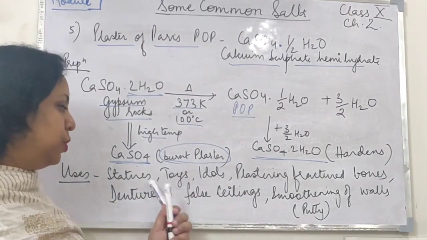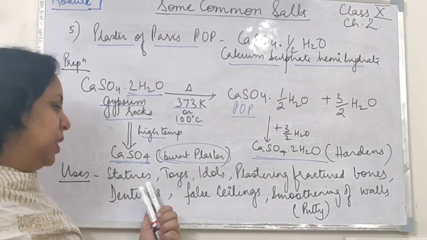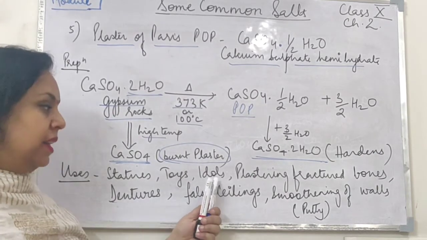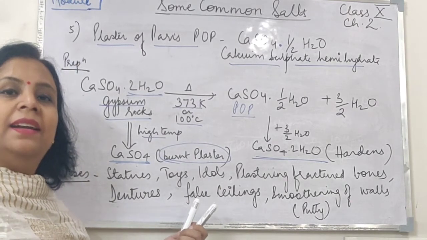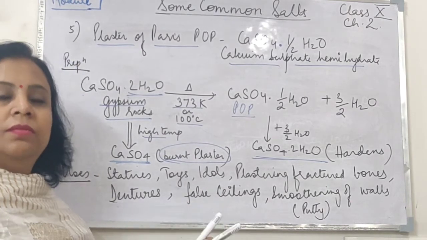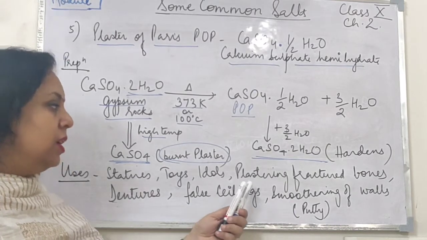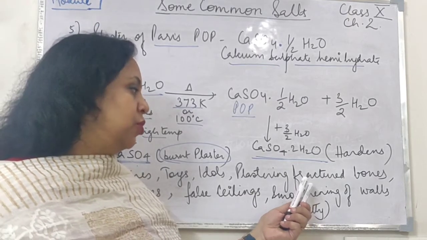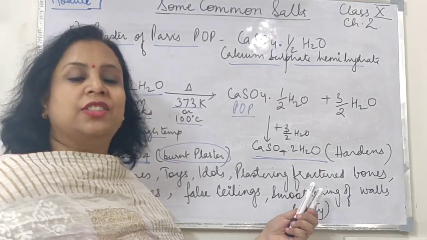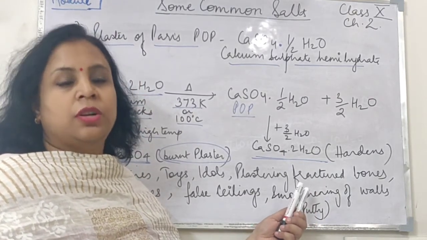Very commonly it is used for making toys, statues, and idols which are used for worshipping, like the Ganesha idol and goddess Durga. You must have seen fractured bones for some people.